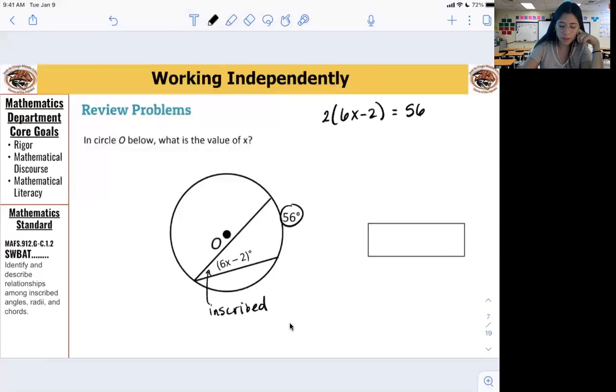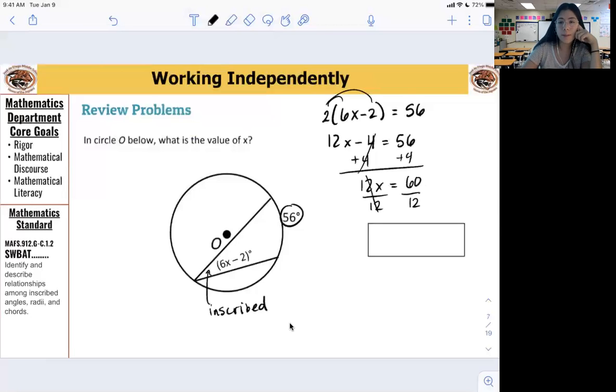So from here, we're just going to solve. This is 12x minus 4. Add 4 to both sides. 12x equals 60. Divide both sides by 12. 60 divided by 12, I got x equals 5.